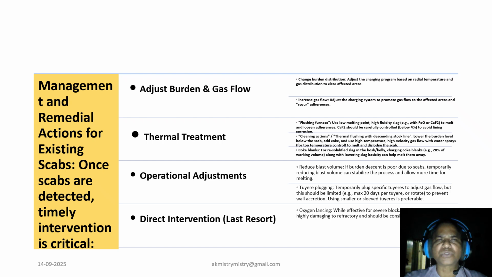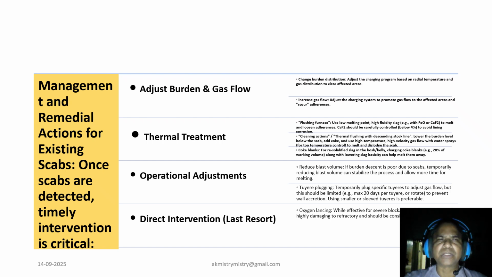In some cases, lowering the stock line, a cleaning action, can assist in dislodging them. Temporary reduction of blast volume or plugging a specific tuyere can also be used, but with a cautious approach.